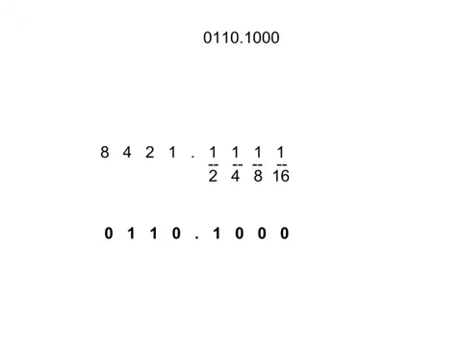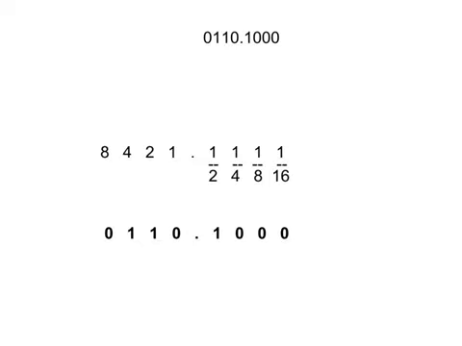Now let's look at a different number, but in binary this time. Okay, so the binary number that we're looking at here is right here. Now we know the integer part is 6, because that's the 4's place, that's the 2's place, and 4 and 2 is 6. So what about the part after the decimal? Well, remember that in base 10, you go 10, 100, 1,000, and so on.